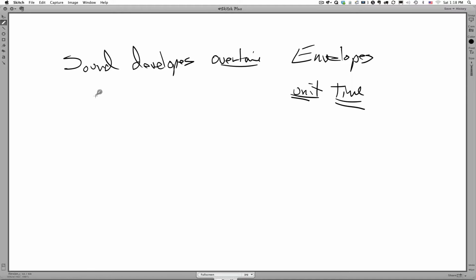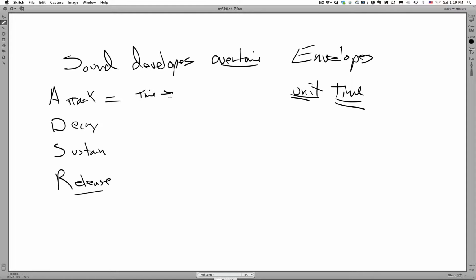The most common type of envelope is called an ADSR, and that stands for attack, decay, sustain, and release. Attack is defined as how long it takes before we reach full volume, or the highest level.